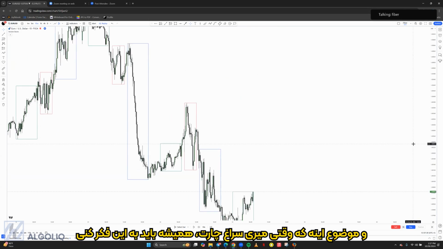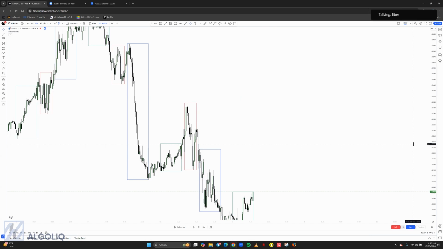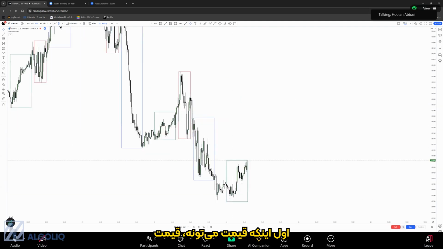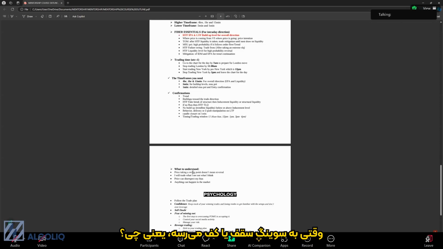And the thing is, when you go to the chart, what you should always think about first is the fact that price taking a swing point doesn't mean a reversal.